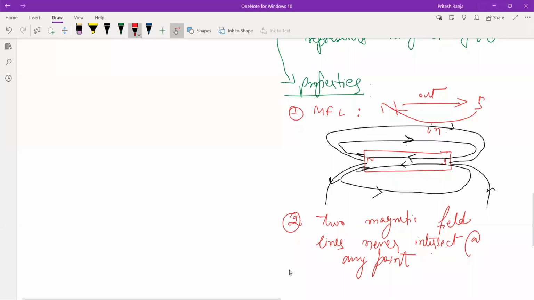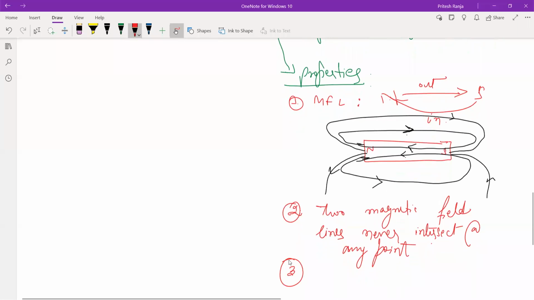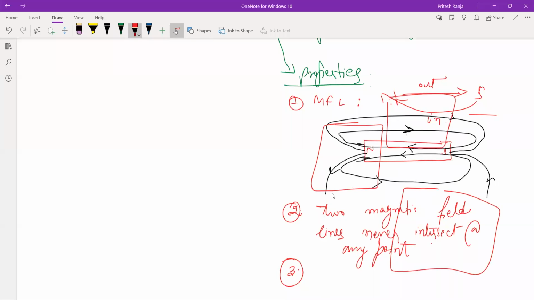The last property, then you all can write down and ask me the doubts. You can see if I look anywhere, let us say I look here, or I take the same region here, you can see at that point the magnetic strength is maximum where there are more magnetic field lines.